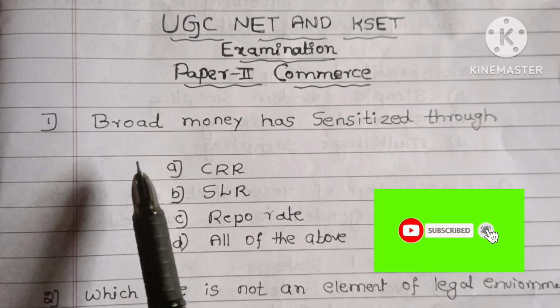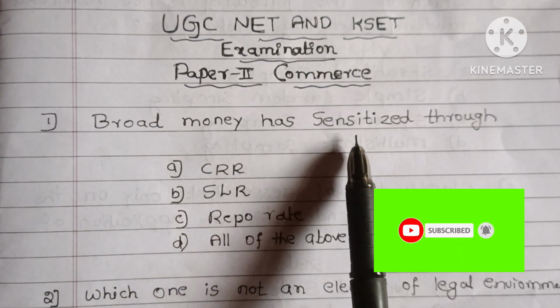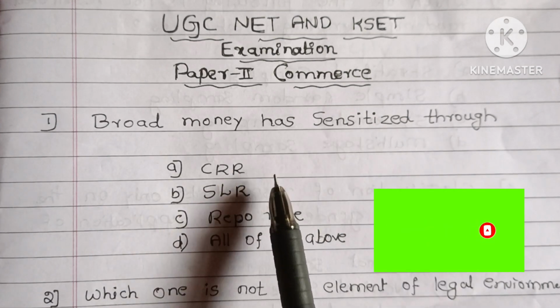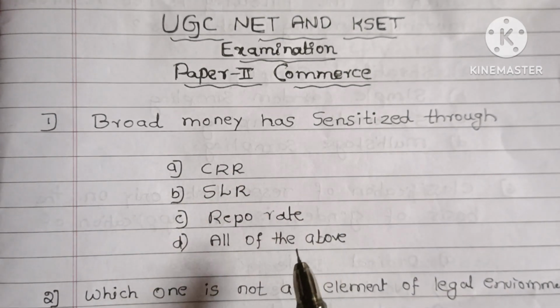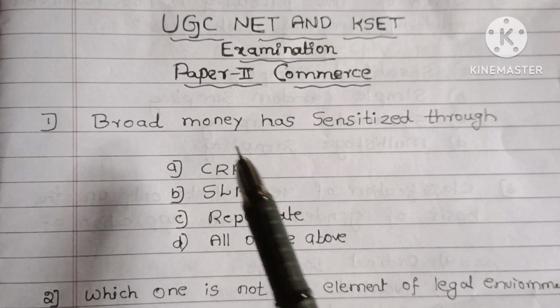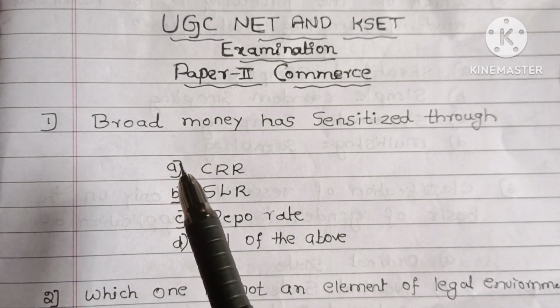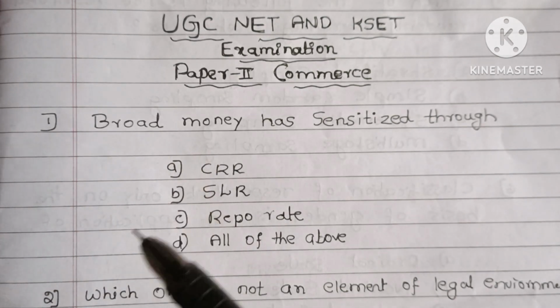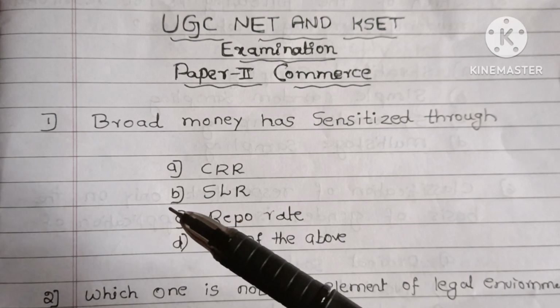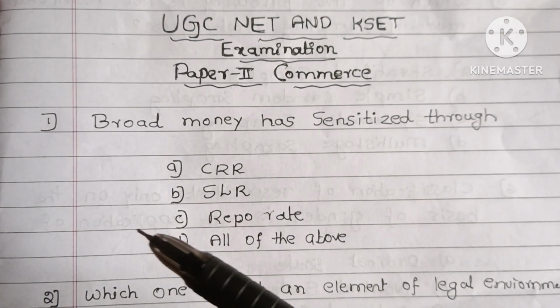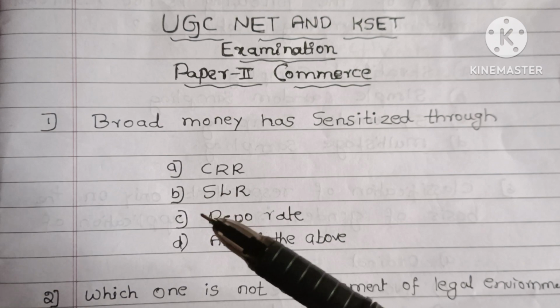First question, broad money is sensitized through CRR, SLR, repo rate, all of the above. Broad money is a measure of a country's money supply, and broad money consists of every liquid item.